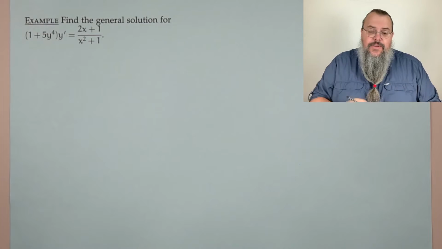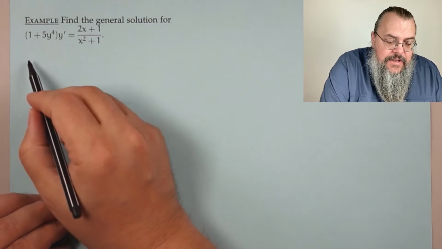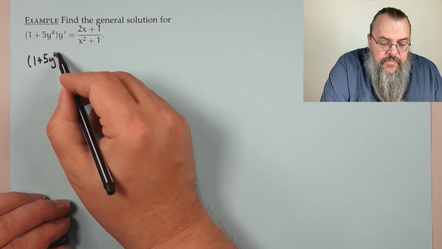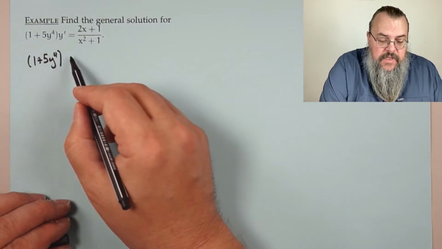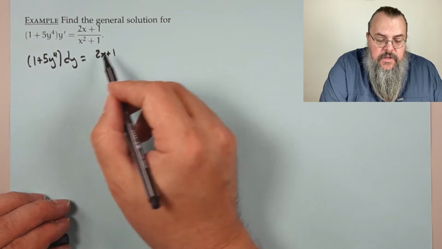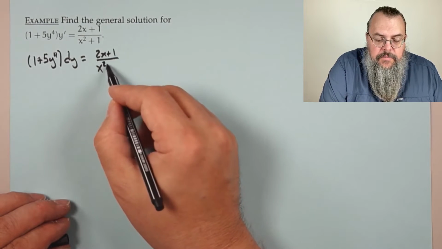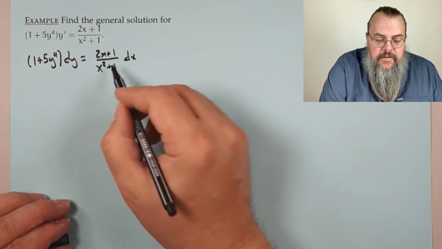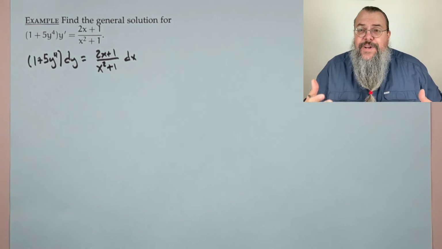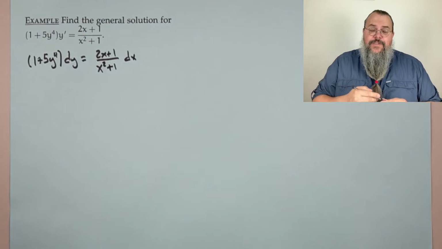The only thing that we might do is to write this as (1 plus 5y to the 4th) dy equals (2x plus 1) over (x squared plus 1) dx, since y prime is dy over dx. Okay, now separated. Great, life is good.